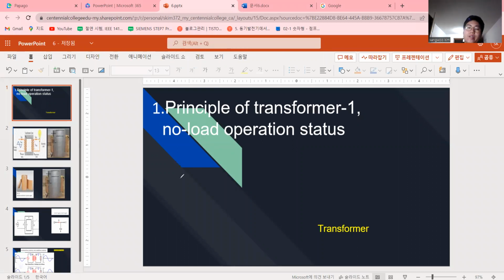Let's think first. In the past, this is a generator, and this is a load, like our house, for example. At first, the generator was close to the load. But as time goes by, the load increased and the generator increased.